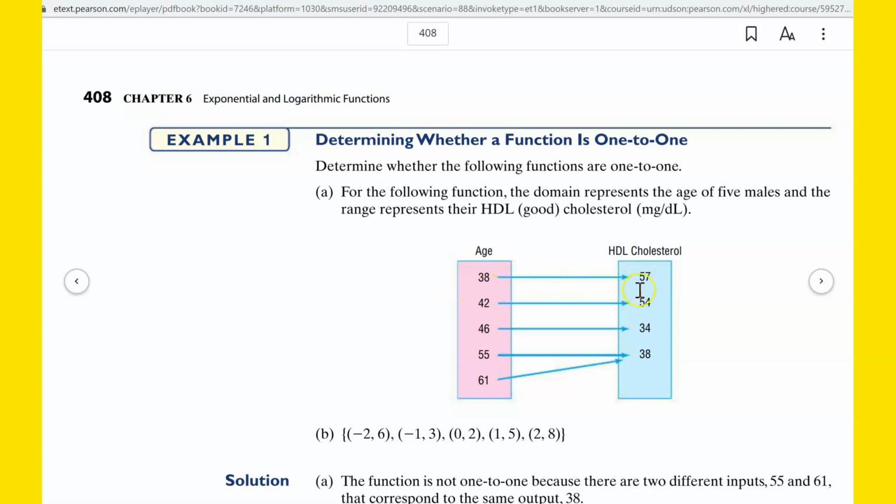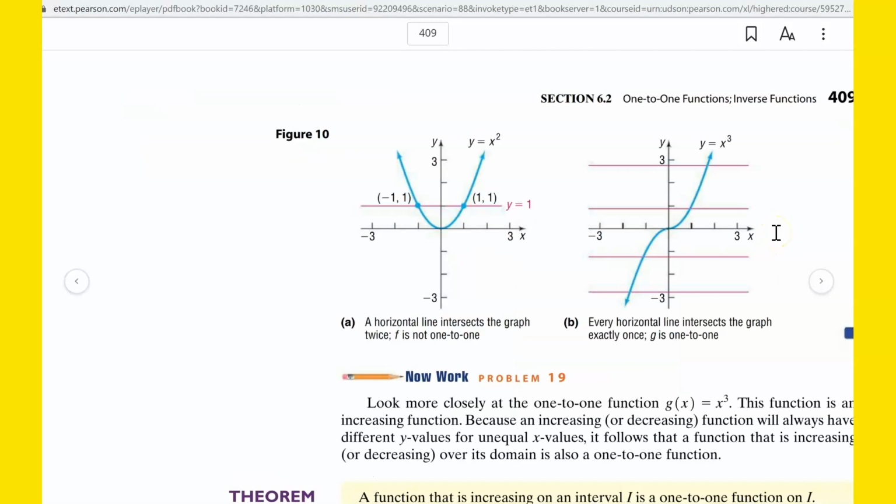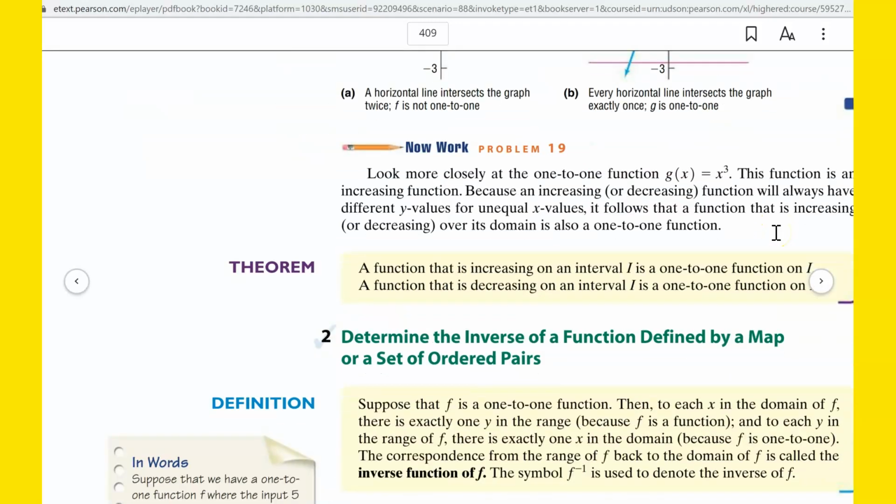So if we reverse these arrows, then 38 would now point toward two different numbers. It would have two different outputs. Right now 38 is an output that has two different inputs pointing to it. That's fine. It's still a function. But if we reversed it, then 38 would be an input, and it would be pointing to two different outputs and would no longer be a function. So one-to-one functions are the only functions that have inverses that are also functions.